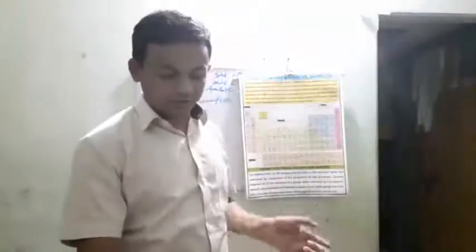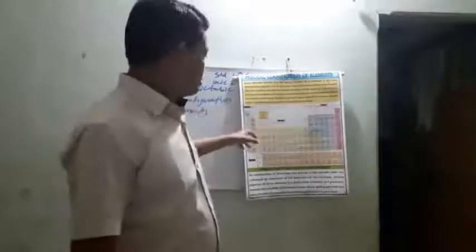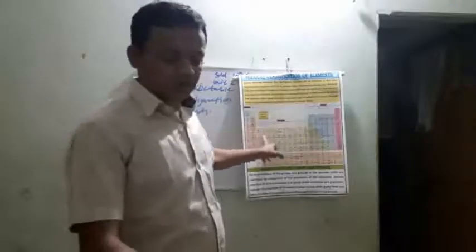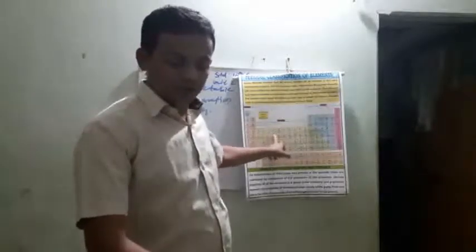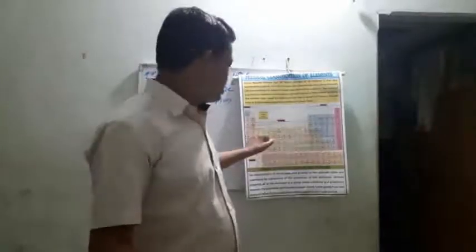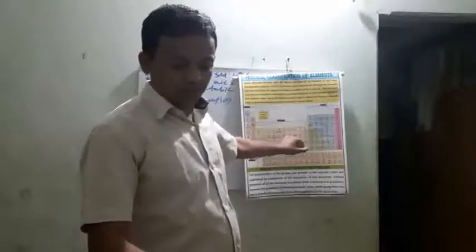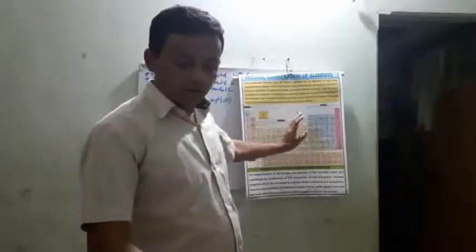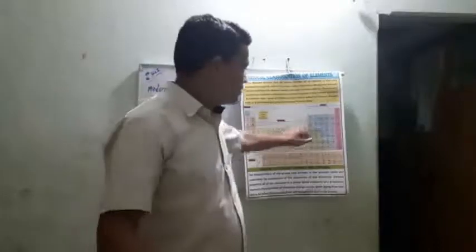Also, the neighboring elements within a period. Period, that is, horizontal row. The neighboring elements within the period differ slightly in their properties, while distant elements differ widely in their properties.